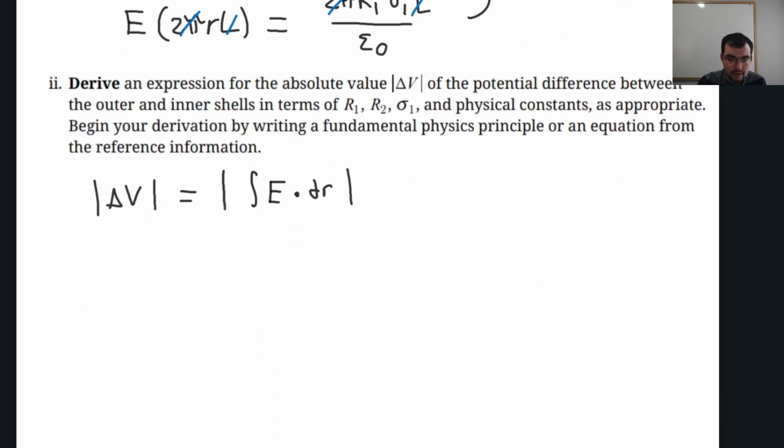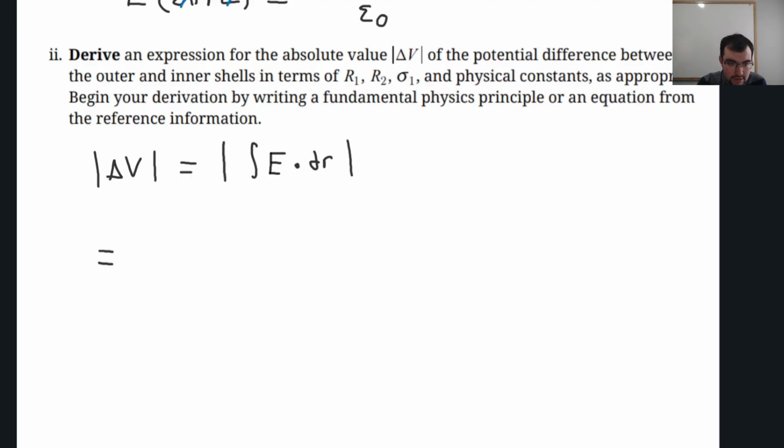So we're just going to integrate our E field expression between those two distances, from the inner cylinder to the outer cylinder. We have an expression for E. It's just sigma 1 R1 over epsilon naught times the quantity 1 over R, with respect to R. I factored that out because that's the only variable.